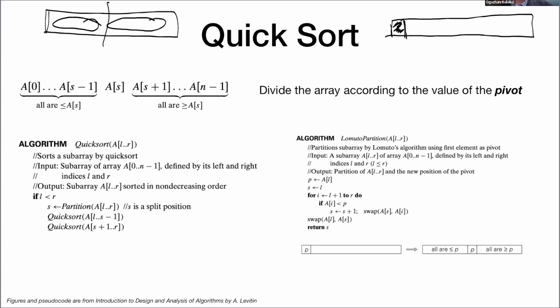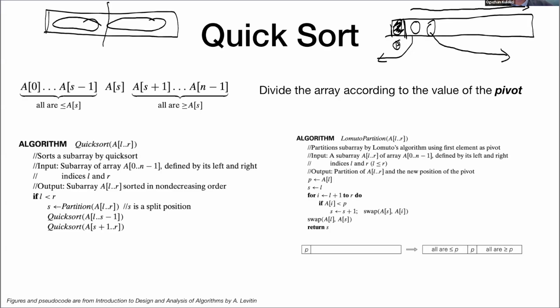Once you have this pivot element, you pass over the array, and whenever you encounter a value that is less than your pivot, that goes to the left. Whenever you see something greater than your pivot, that goes to the right.